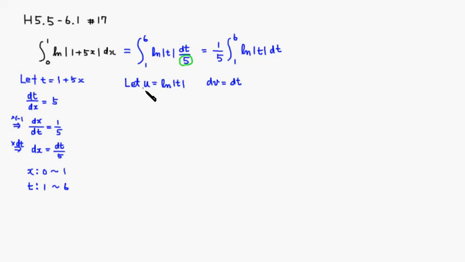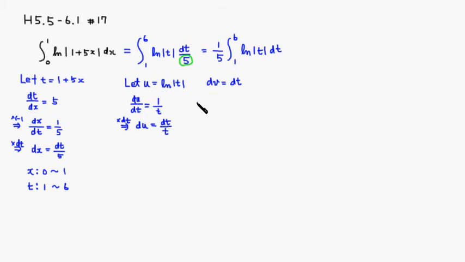So if you take the derivative of that, you get du over dt. The derivative of natural log of absolute value of t is 1 over t. So by multiplying both sides by dt, we get du, which is dt over t.